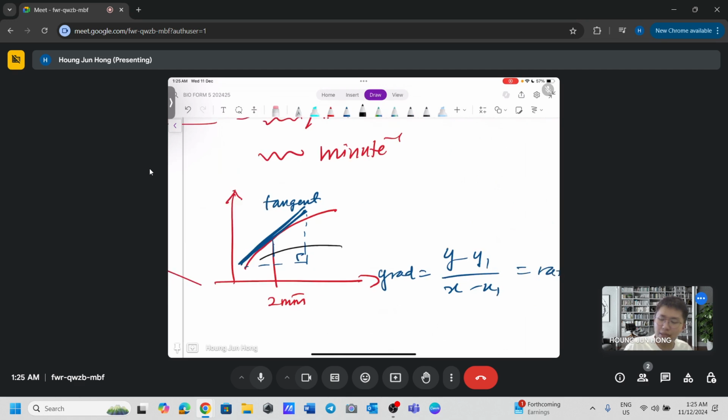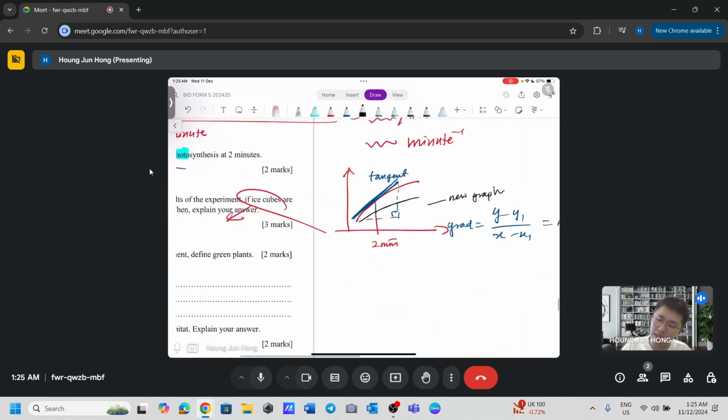It becomes slower, something like this. This is the new graph with the rate decreased because it slows down. The whole thing becomes lower. The rise will be very slow.